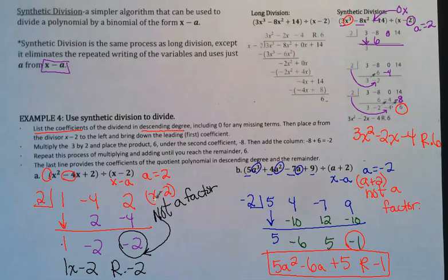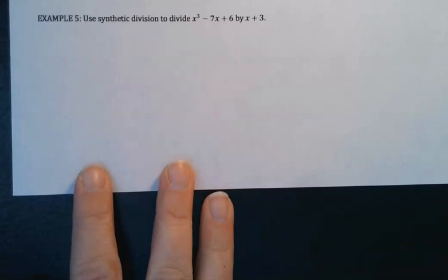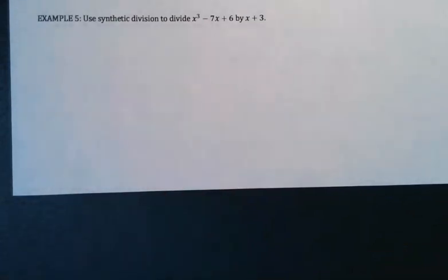All right, let's try one more of these. Example 5. Okay, let's use synthetic division to divide x cubed minus 7x plus 6 by x plus 3. Okay, so let's check. We've got x cubed and then x, so we don't have an x squared. We need to insert a 0 x squared.